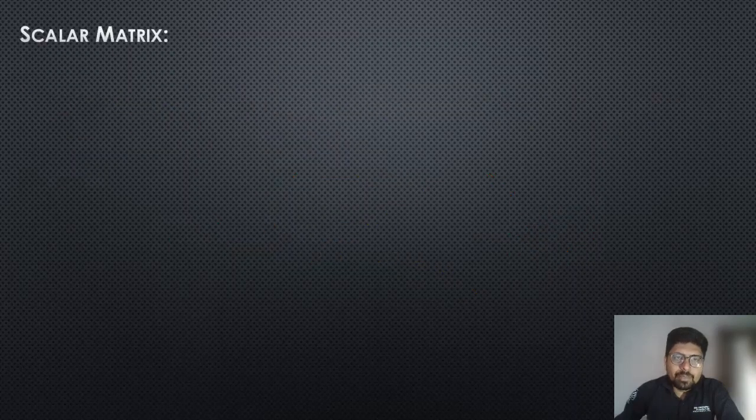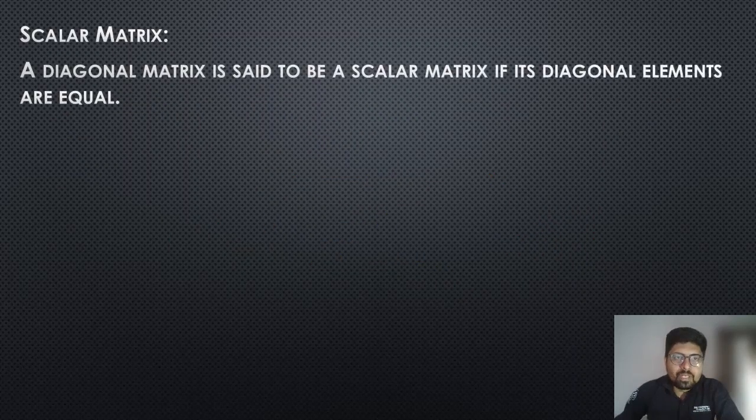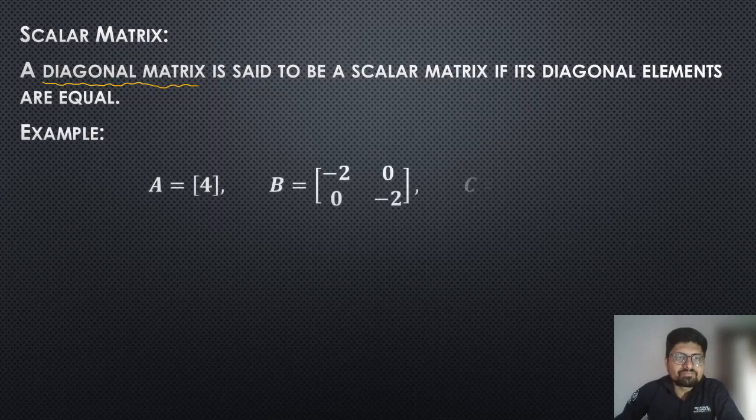It says scalar matrix. Let's see what it says. A diagonal matrix is said to be a scalar matrix if its diagonal elements are equal. Again, make sure this definition starts with the diagonal matrix. So in a diagonal matrix, if all the elements on the diagonal are the same, then it is called a scalar matrix. Let's have the example.